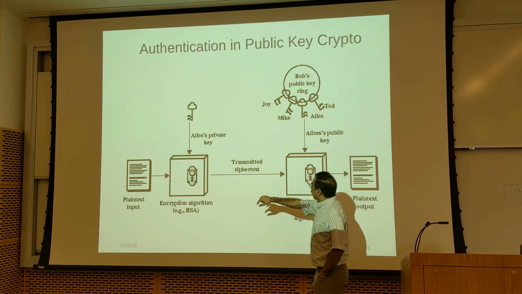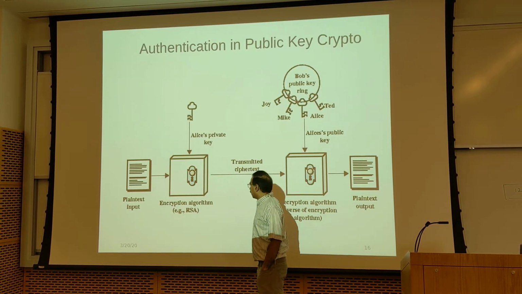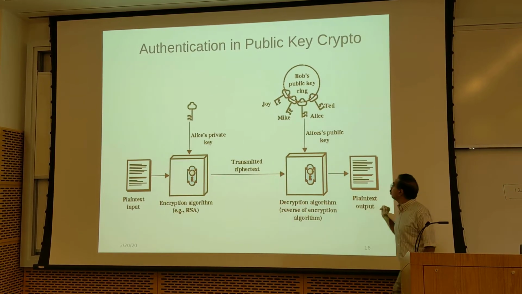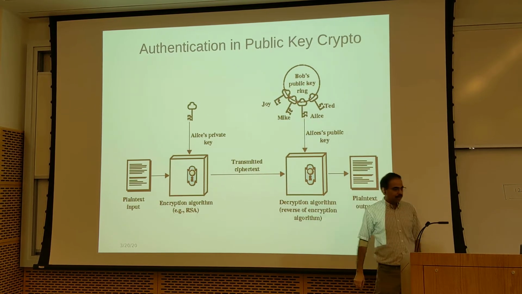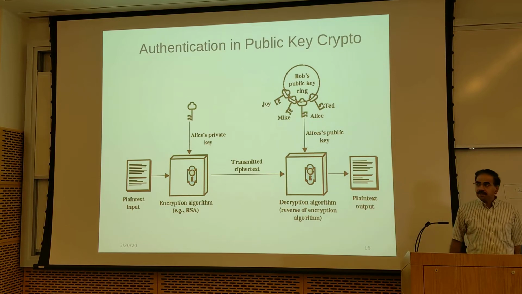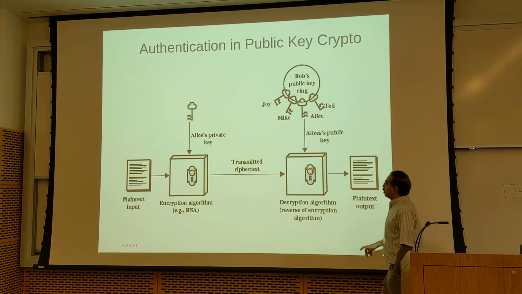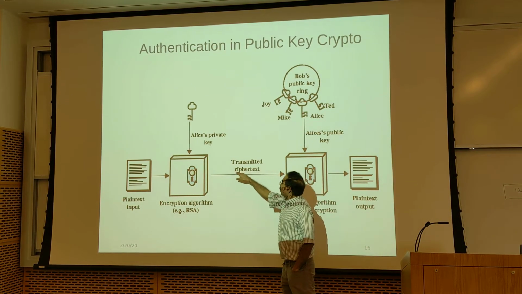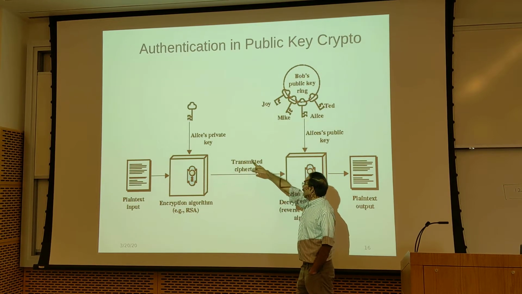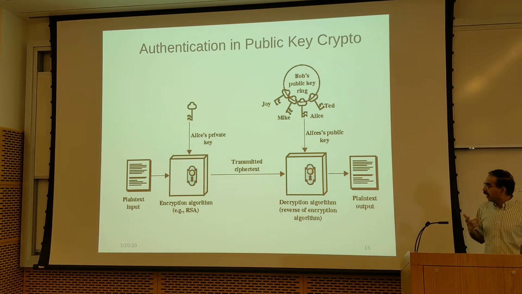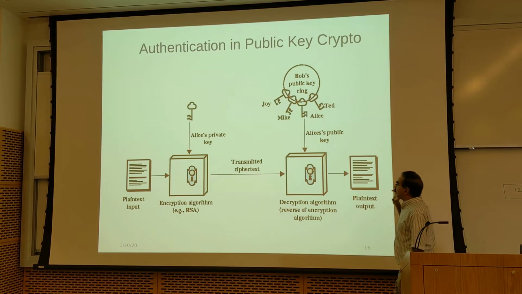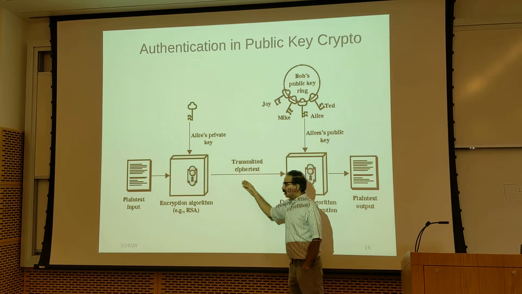So the way this works is that Alice wants to send a message to Bob, and in this case, Alice is going to encrypt it using her private key. Now you realize that because it's encrypted using a private key, you can decrypt it using Alice's public key, which is available to everybody, which means that anybody can figure out what is the text that's being transmitted.